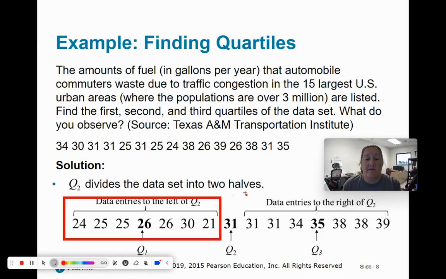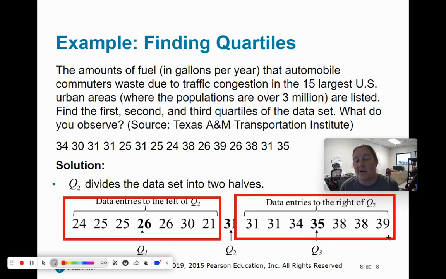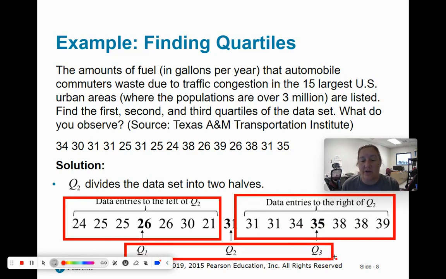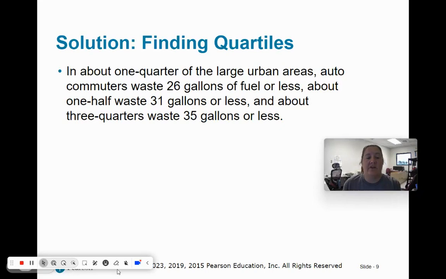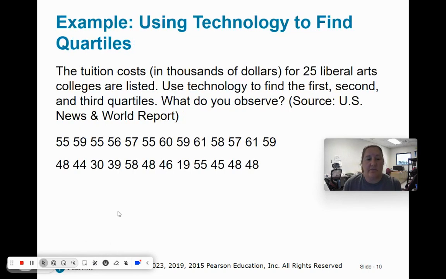The first set, or lower half, median is 26, the upper half median is 35, and we symbolize that as Q1 and Q3. We could say that in about 1/4 of the large urban areas, auto commuters waste 26 gallons of fuel or less, and so on and so forth.